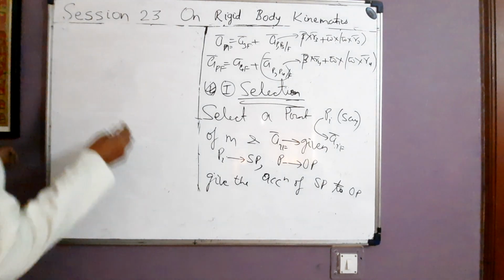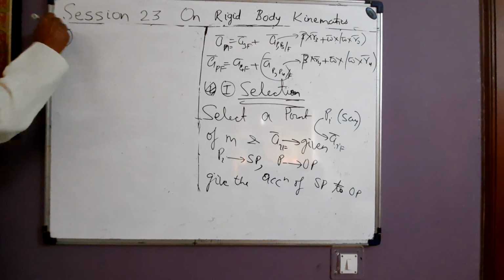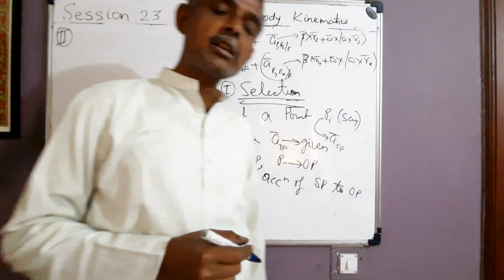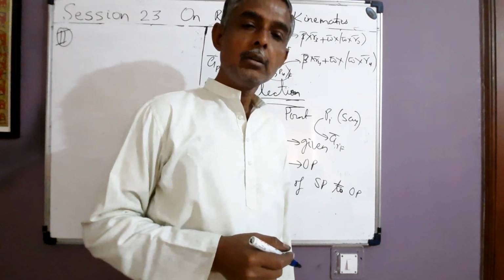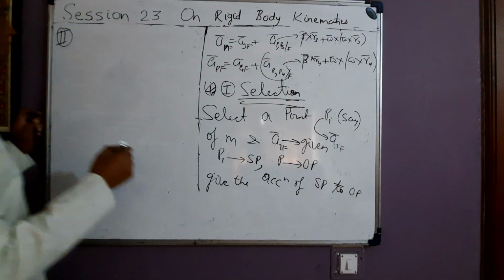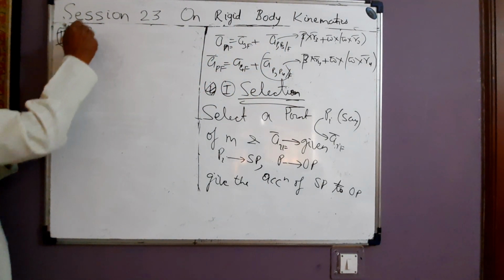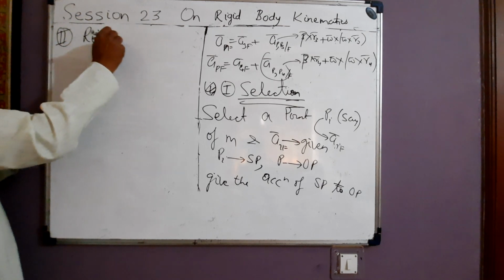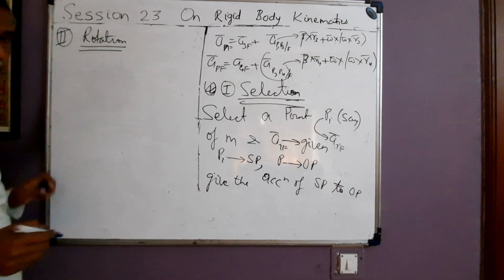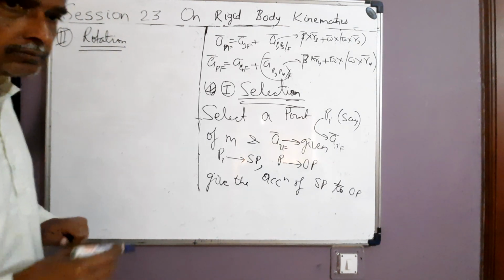Now the second term is the evaluation of that term, beta cross R plus omega cross omega cross R. That is just the rotation term, and we will call the second action rotation. What action do we have to take?